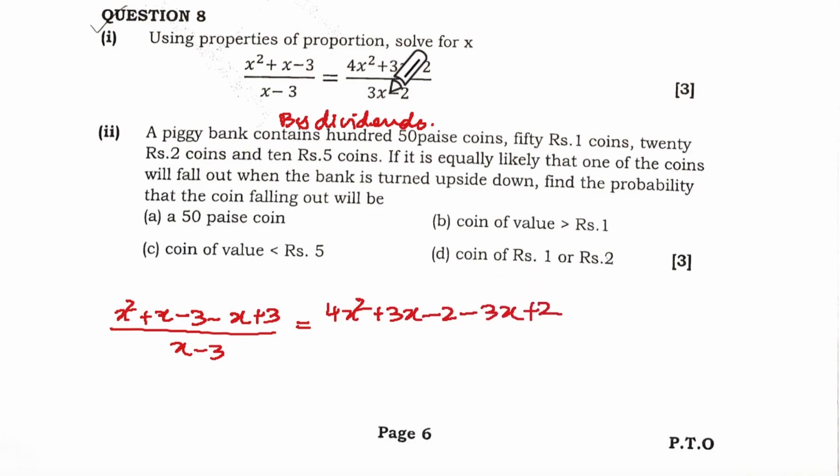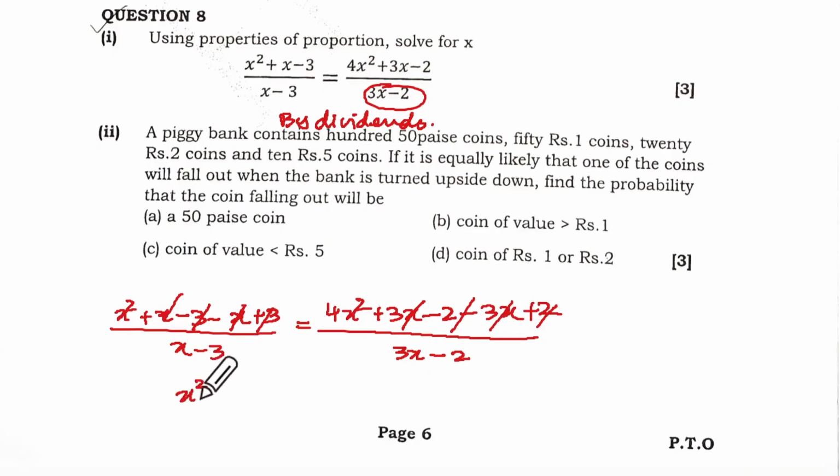We are subtracting this part, okay, the denominator. Now this gets cancelled. And you will have x squared upon x minus 3 equal to 4x squared upon 3x minus 2. Then you cross multiply and then you proceed as usual. So everybody understood this part. This is only dividendo.